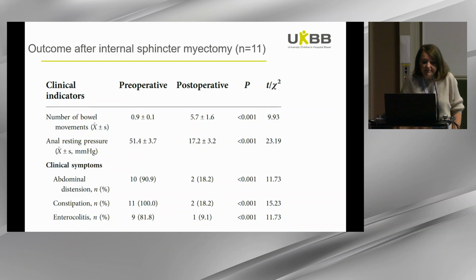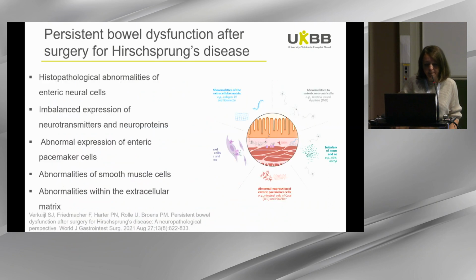But again, that's the end of the story, so I don't know what the follow-up is, or no rates of soiling have been published. And so far, I think the numbers absolutely make sense that after Botox, after a myectomy, we can reduce anal resting pressure. But then those are young children who have the whole life ahead of them.